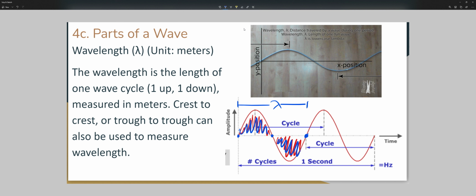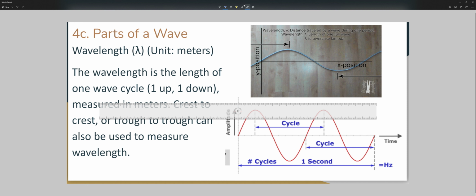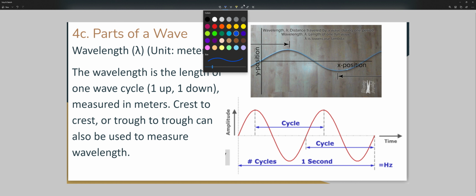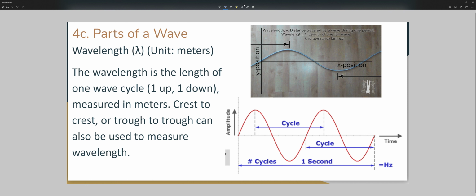Now, alternatively, a wave can also be classified as crest, the highest point of the wave, to the next crest. This would also be a wavelength.